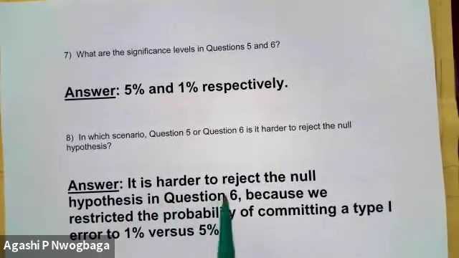It is more difficult to reject the null hypothesis in question number 6 because we restricted the probability of committing a type 1 error to 1% versus 5%. That is all about type 1 error.